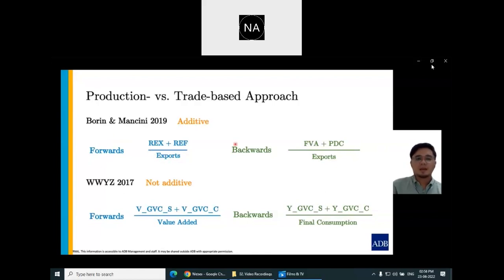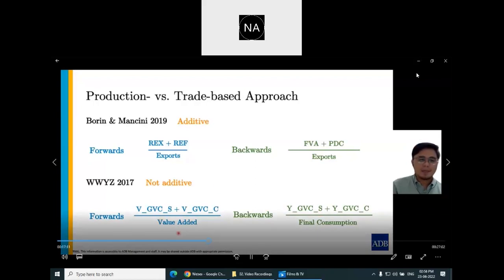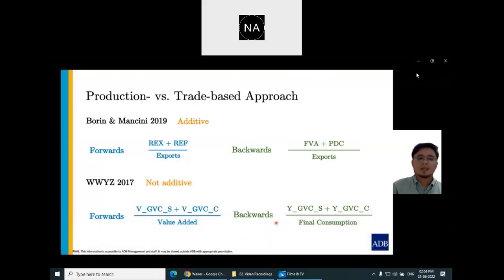Under the trade-based approach, forward GBC participation and backward GBC participation are additive, but under the production-based approach following Wang Wei Yushu in 2017, forward GBC participation and backward GBC participation are not additive. The reason for this is that the denominators in this formula are not the same, unlike the denominator under the trade-based approach following the Borin and Mancini framework in 2019.